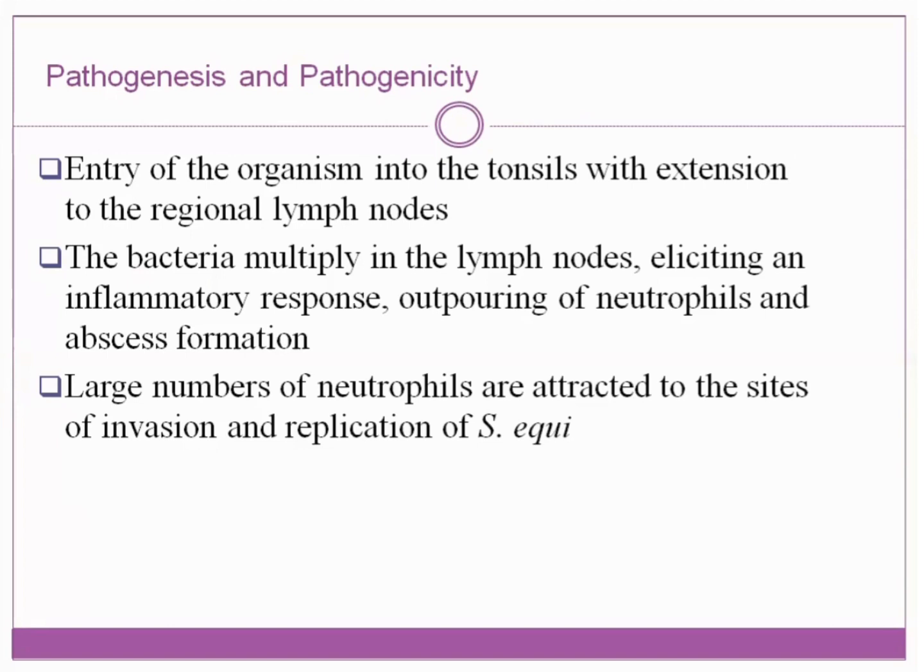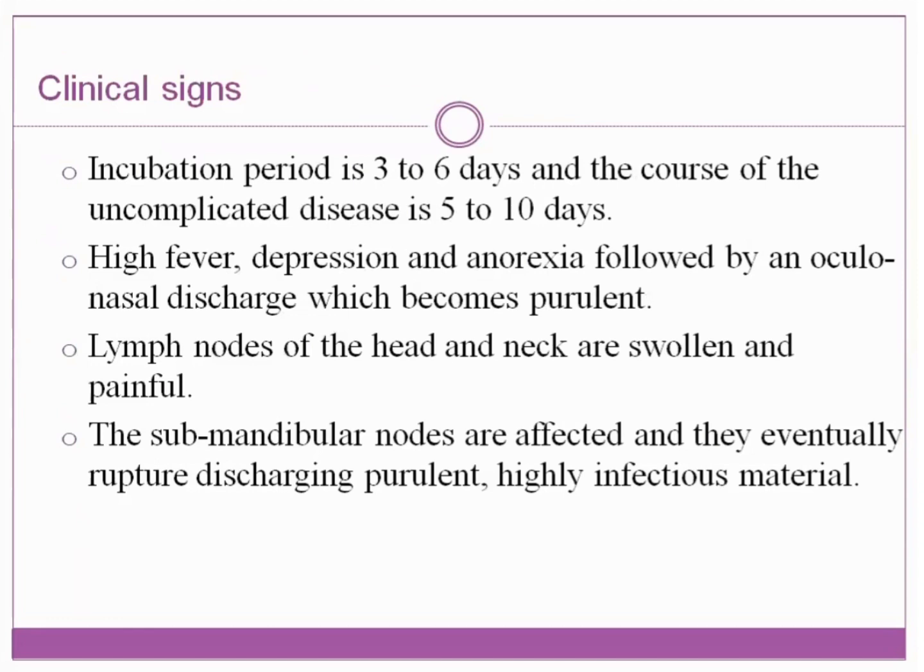Outpouring of neutrophils and abscess formation occurs. A large number of neutrophils are attracted to the site of invasion, and replication of Streptococcus equi occurs. So abscess formation is the final outcome of Streptococcus equi near the tonsils.